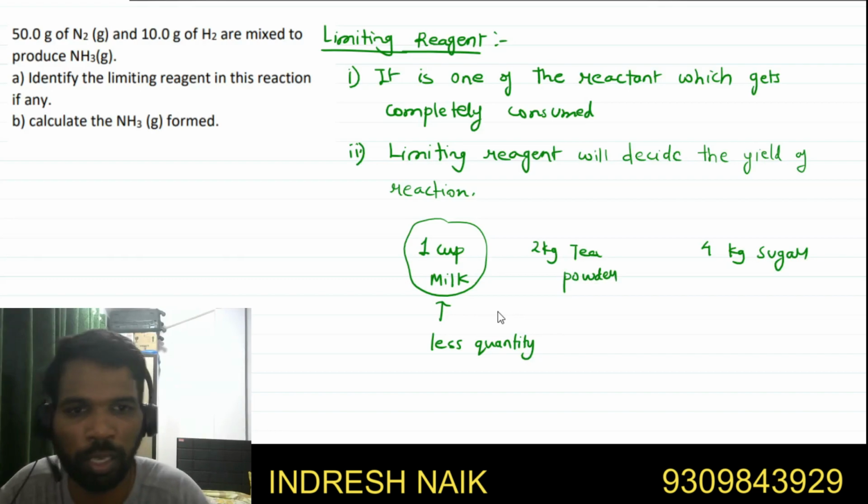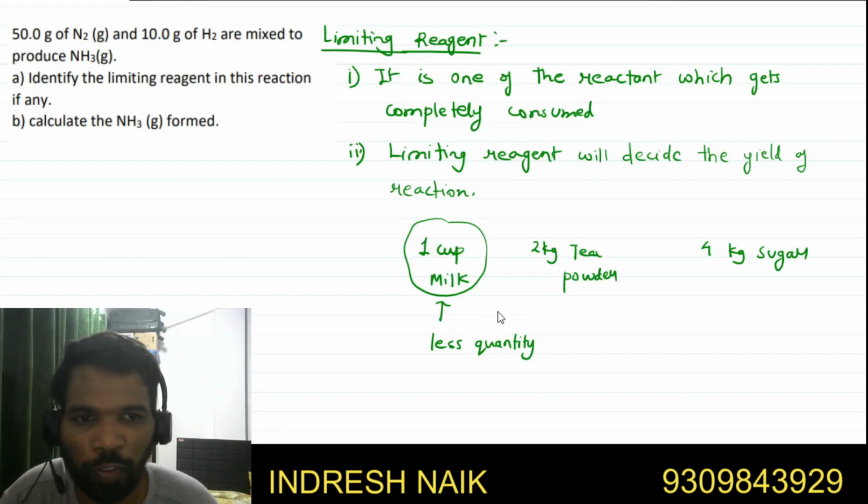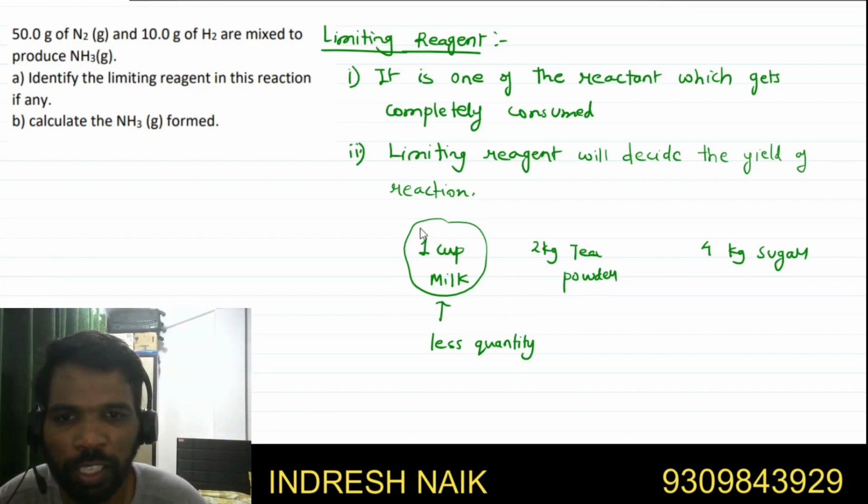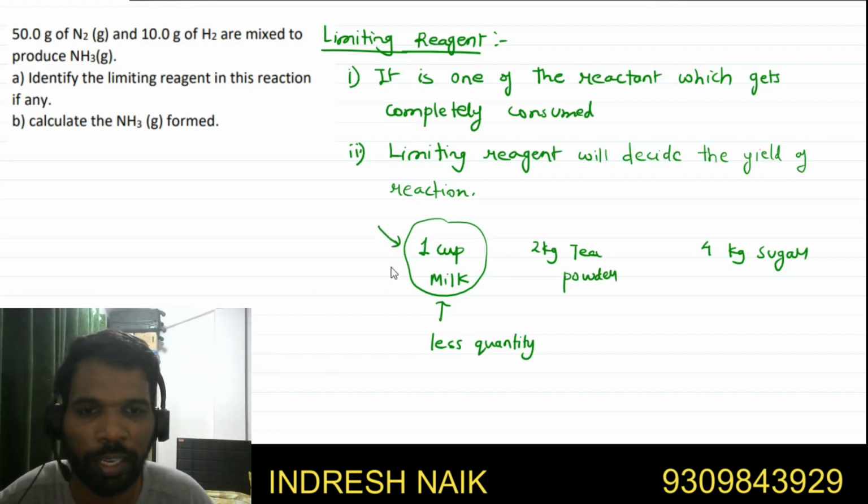1 cup of milk means 1 teaspoon of tea powder and 2 teaspoons of sugar. That is the quantity you are going to add to make just 1 cup of tea. If there was ample water, then you could decide how much of the product you want. But the limiting reagent will decide the yield of the product.